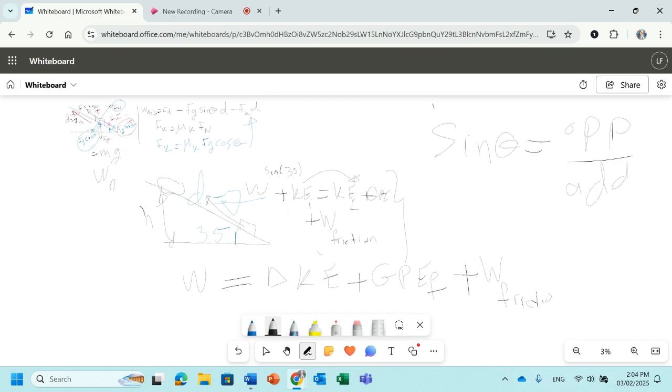Opposite is h, adjacent is 7. So h will be 7 times sine theta. And W friction we calculated before, which will be the force of friction times displacement, and the force of friction will be mu k times Fn. I'm going to leave this part for you. When you finish it, you should get the same value as we did using the work energy theorem.